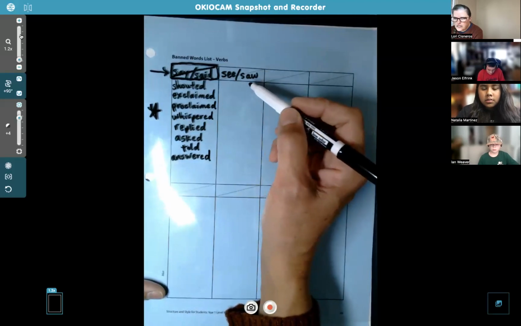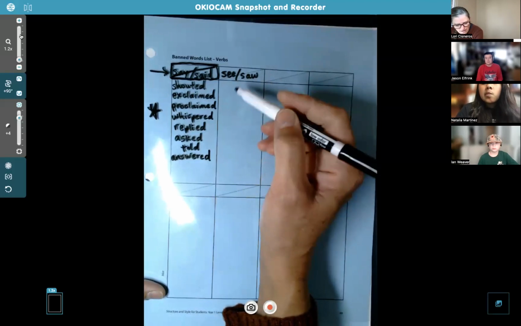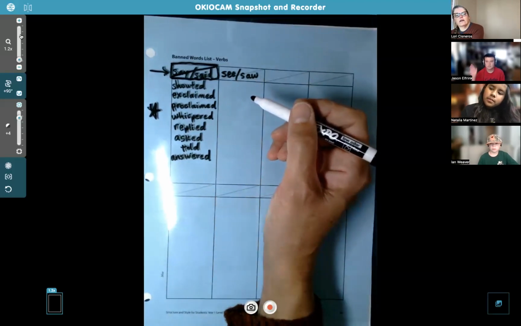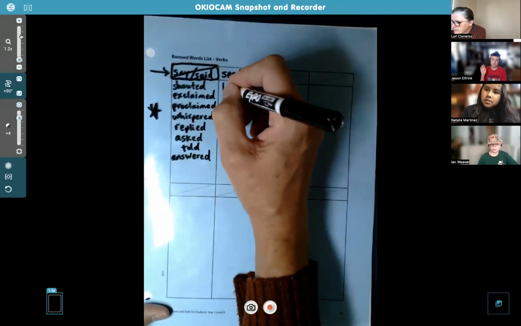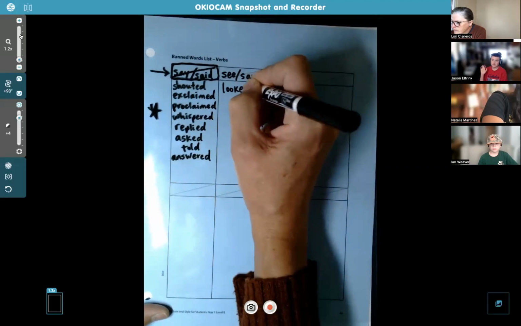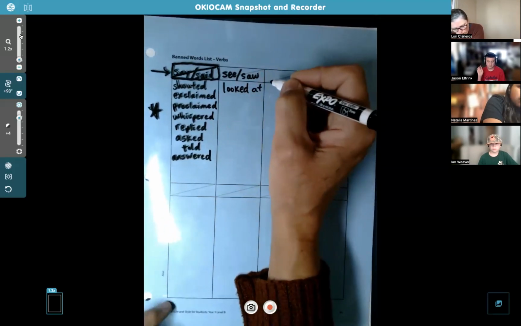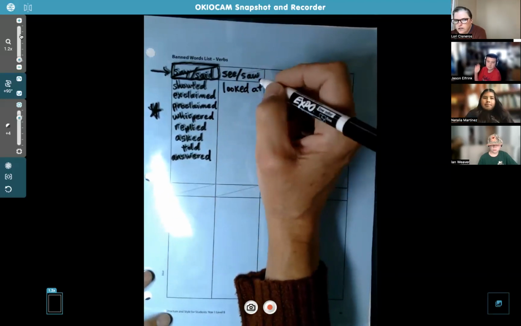So for see/saw, you can't use see/saw anymore. But what can we say in place of that? You guys have any ideas there? Looked, okay. Or probably looked at. That might be one. Noticed.